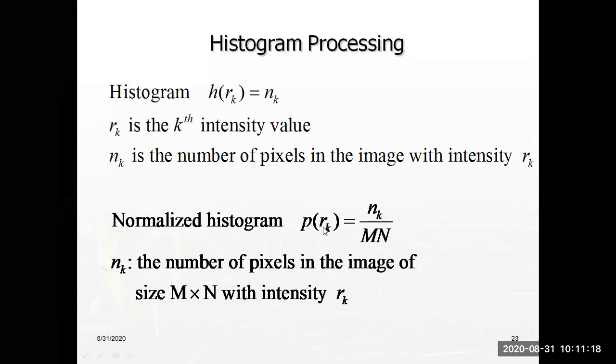The probability of r suffix k is given by n suffix k divided by MN. That means n suffix k is the number of pixels having the intensity value r k, and it is given by n k by MN.